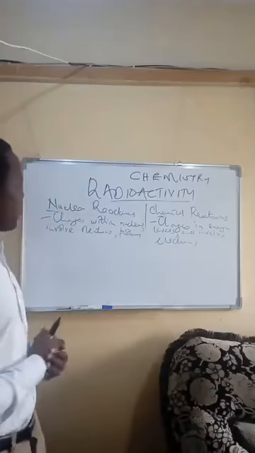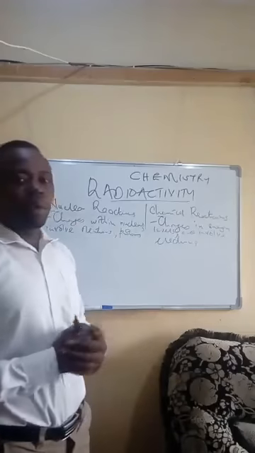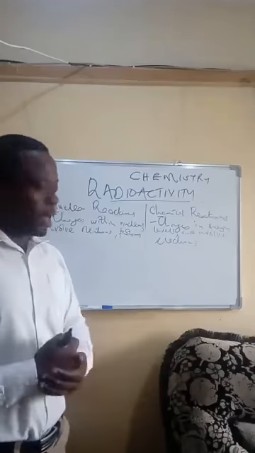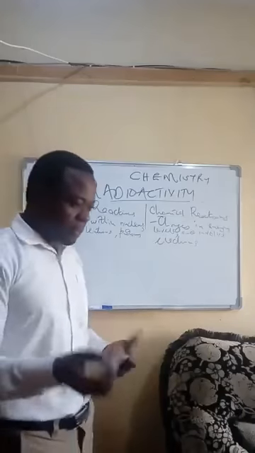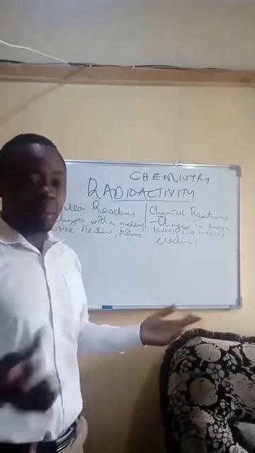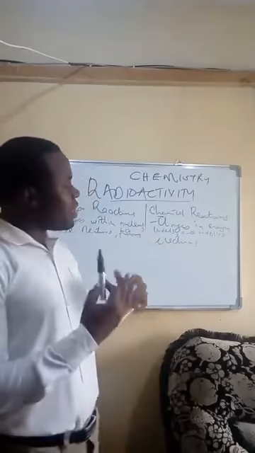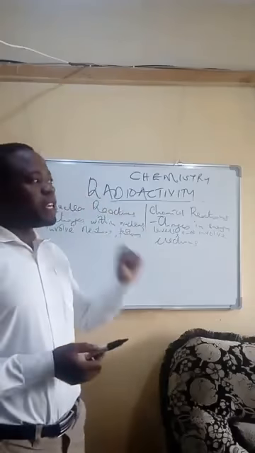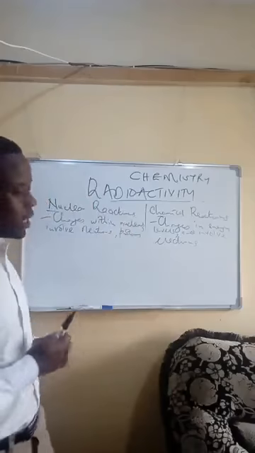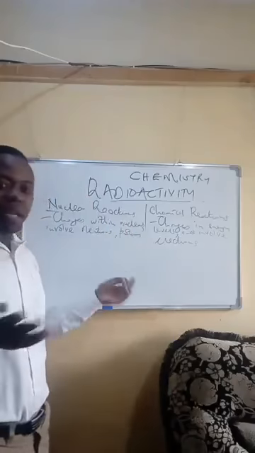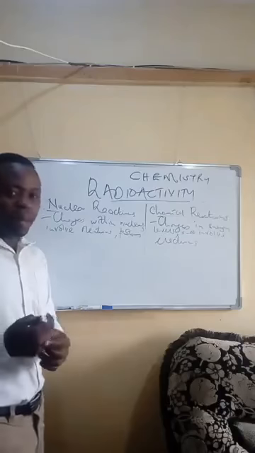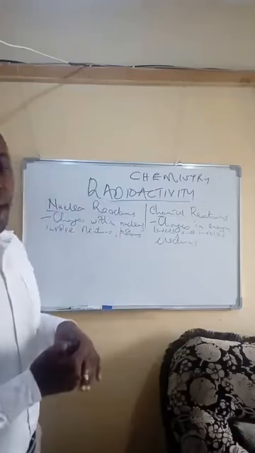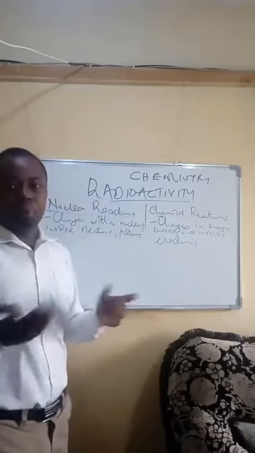Another difference is that in the case of chemical reactions, the changes in energy are very small, so that you can measure the changes in temperature, for example, using a thermometer. But in the case of nuclear reactions, the changes in energy are so huge that in some cases they are destructive. I remember last time I gave an example of an application of nuclear reactions in making bombs.